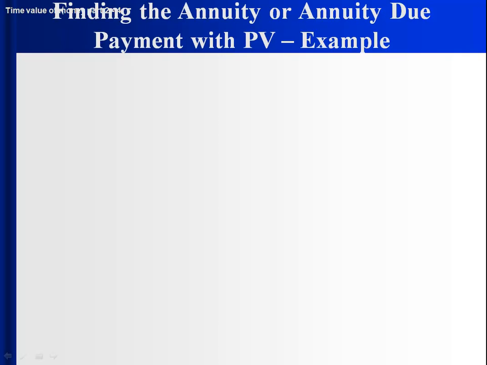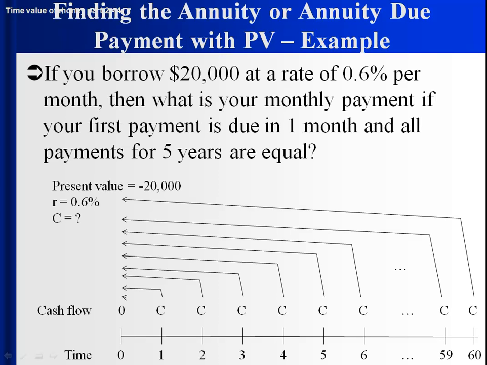So let's take a look at a couple of examples. You borrow $20,000 at a rate of 0.6% per month. What's your monthly payment? First payment is due in 1 month, and all payments for 5 years are equal.